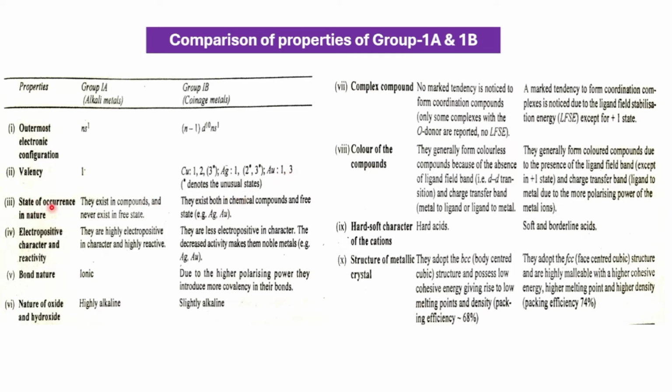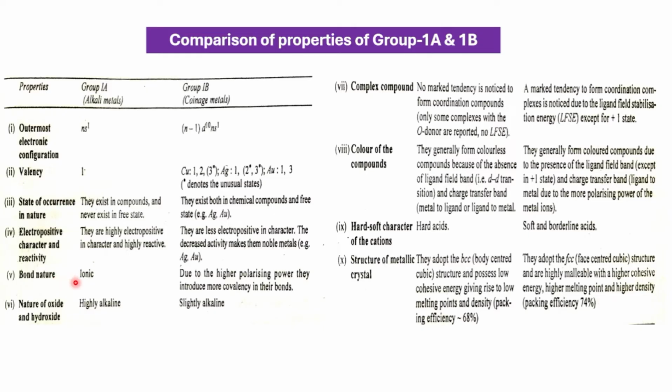Now if you compare the state of occurrence in nature, group 1A elements exist in compounds and never exist in free state, whereas group 1B exist both in chemical compounds and free state. Comparing electropositive character and reactivity, group 1A elements are highly electropositive and highly reactive, whereas group 1B elements are less electropositive, and the decreased activity makes them noble metals.